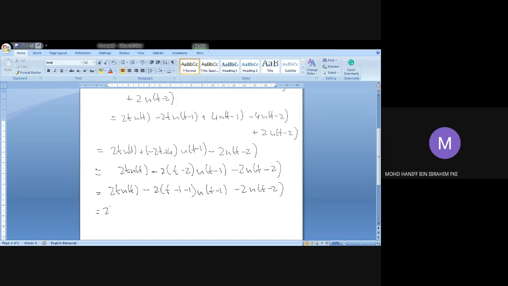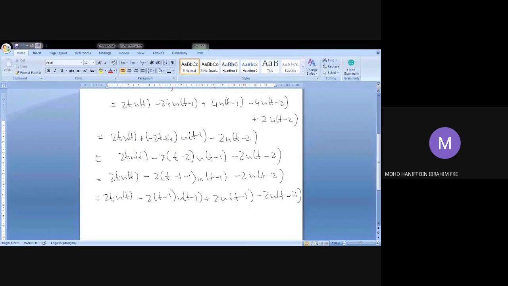We're going to have 2t of ut minus 2t minus 1 ut minus 1 plus 2 ut minus 1 minus 2 ut minus 2. So you got the point there, understand?